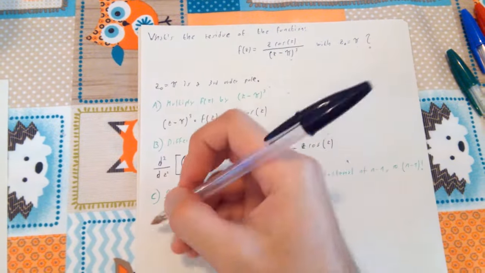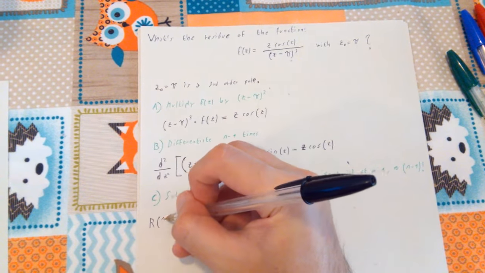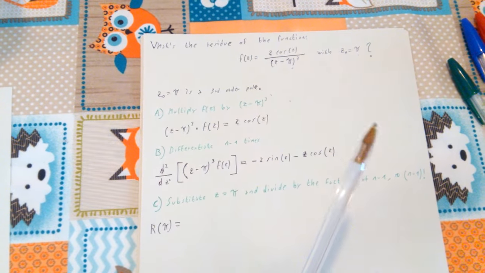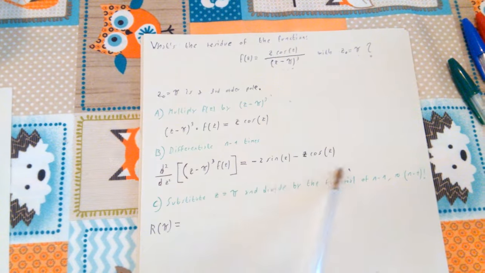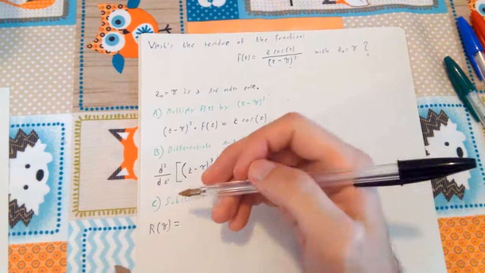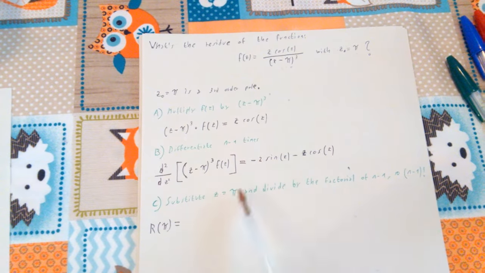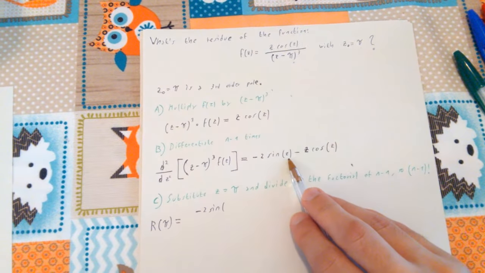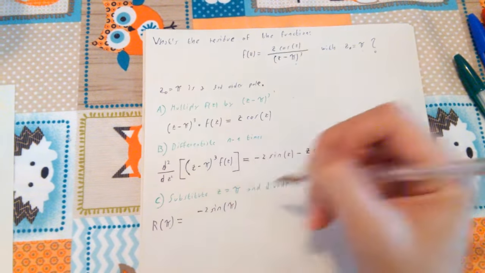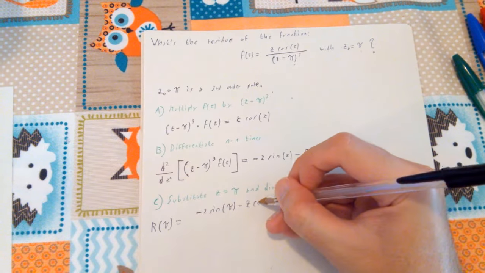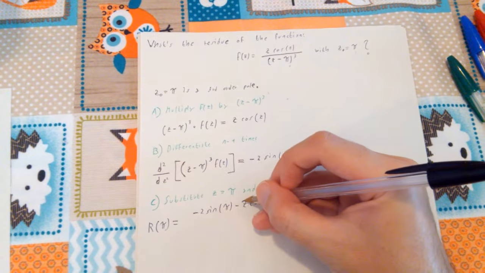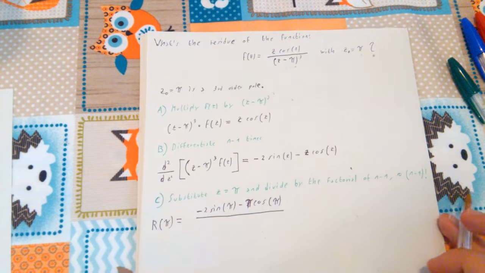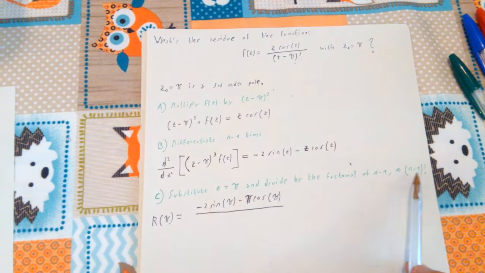Which basically means that the residue in pi is equal to, well, we're going to be taking the whole result here from step B, in which we substitute z with pi. So negative 2 sine of pi minus pi cosine of pi, over, I'm going to divide by the factorial of n minus 1.